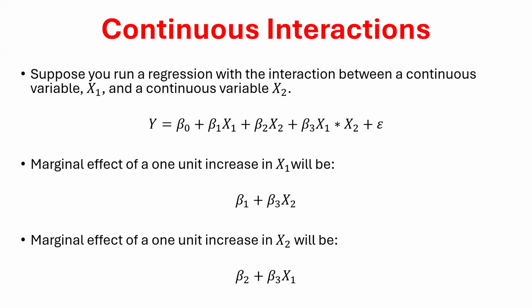Essentially, you can include as many continuous variable interactions as you want, x1 times x2 times x3 times x4. But once you start doing that, the interpretation of the coefficients doesn't really have a good real-world interpretation. So usually you'll see people restrict it to one continuous variable times one other continuous variable.